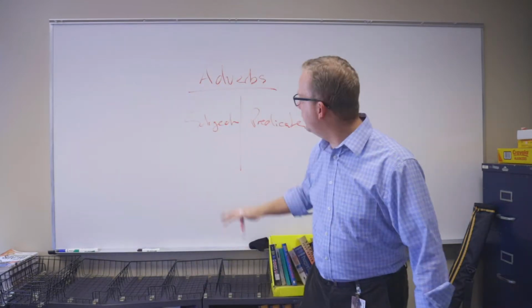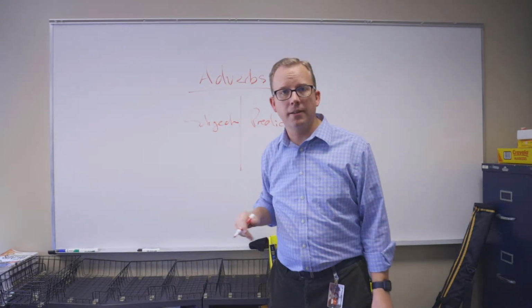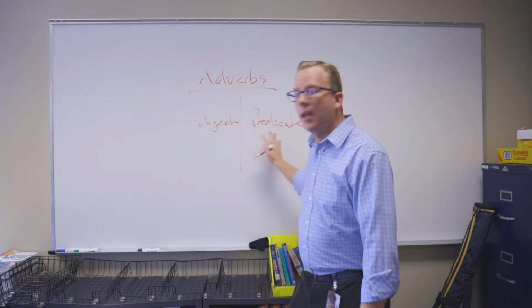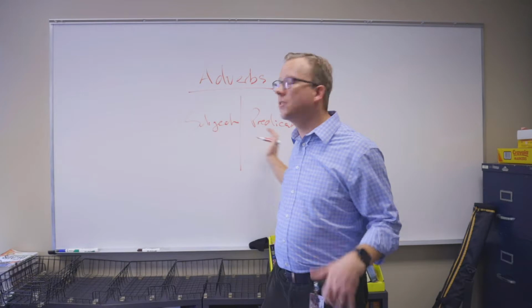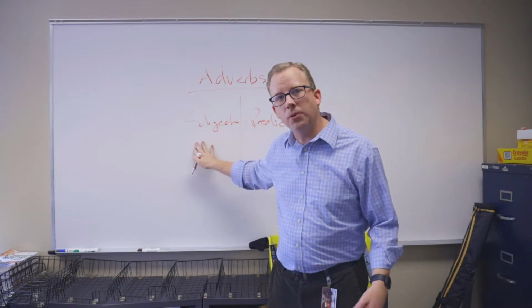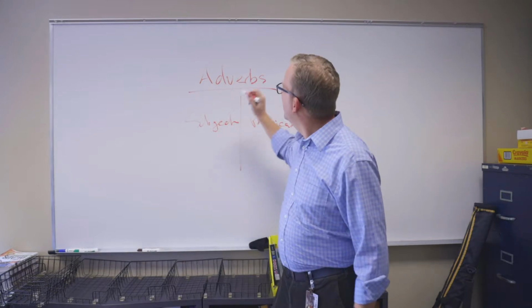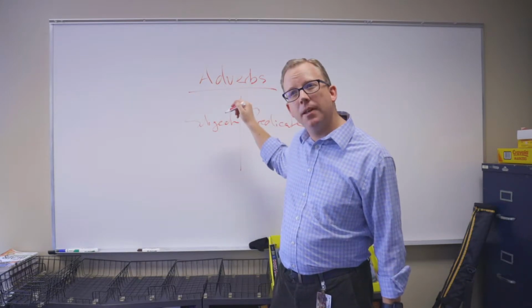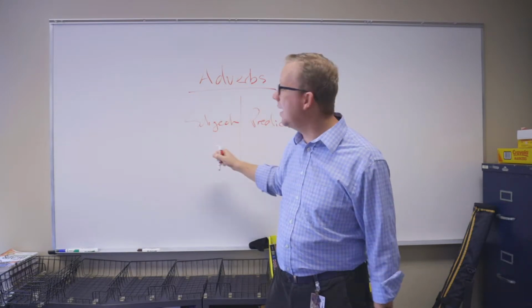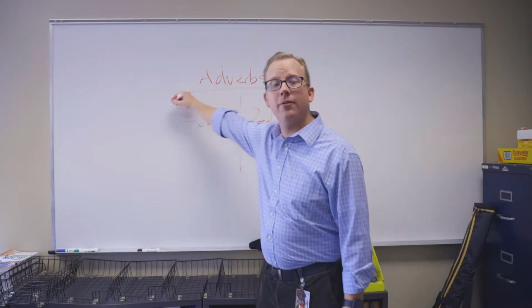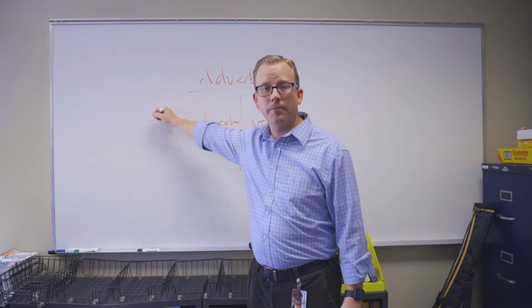Okay, so let's say we've got a subject and a predicate for our sentence. The subject is going to have a noun that the sentence is about, and a predicate with the verb that's describing what the noun is doing. Because an adverb can describe an adjective, and an adjective can describe the noun, you can have an adverb in a subject.